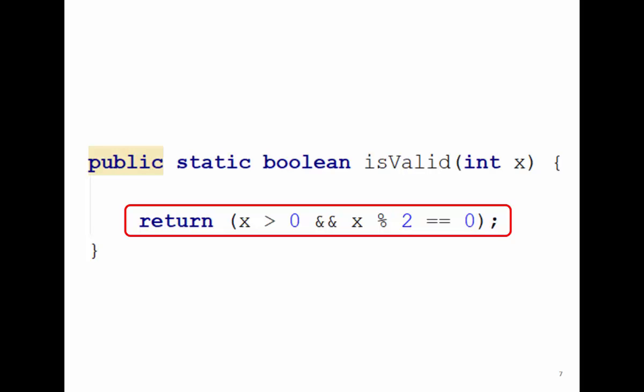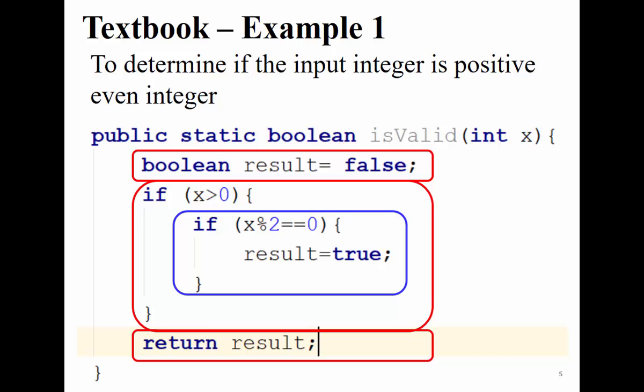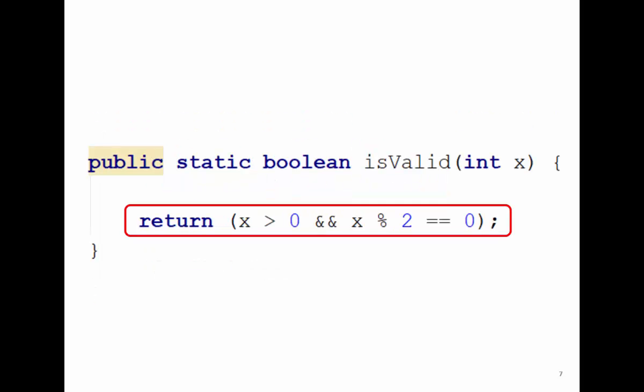Then this will be evaluated as a boolean expression, and it will return true if this is true and this is true. So if both of these are true, return true. So it's one line in this slide. If you count how many lines here, 1, 2, 3, 4 lines, maybe more than 4 lines. So the same method is implemented differently.